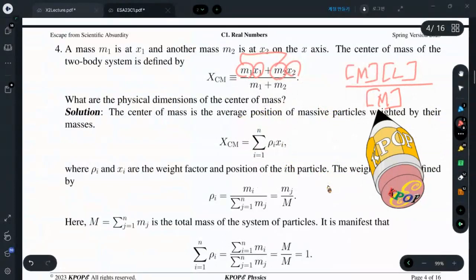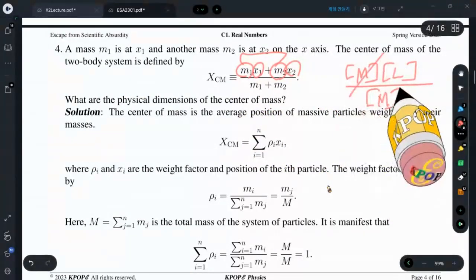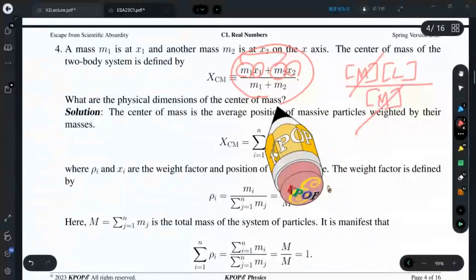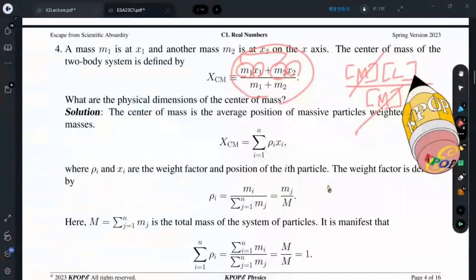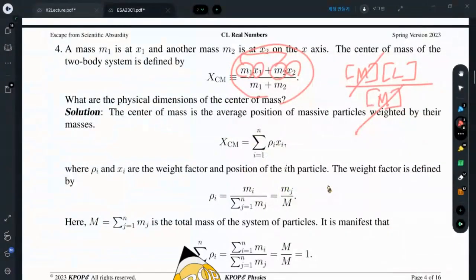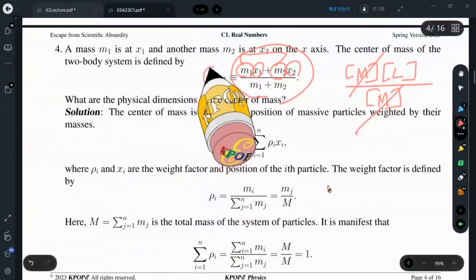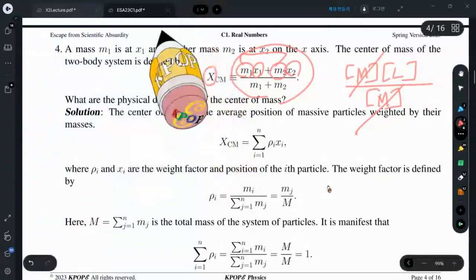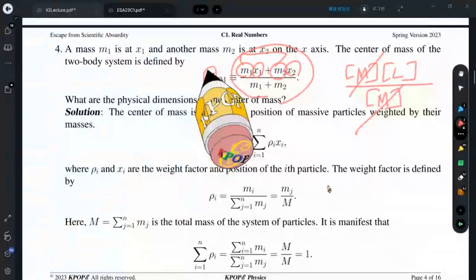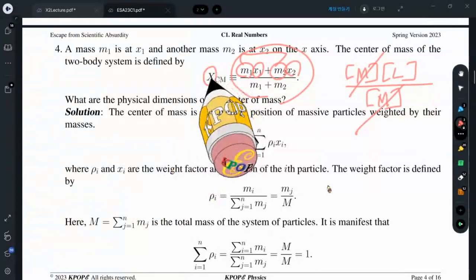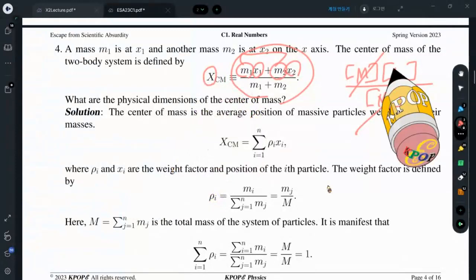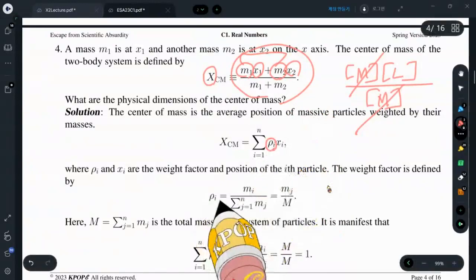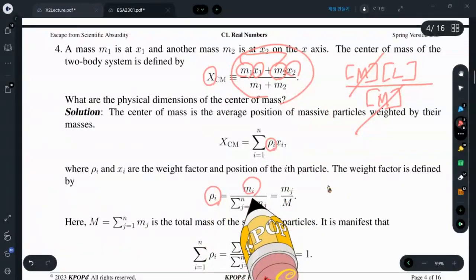So as far as the dimensions are concerned, the two masses cancel exactly, and your final result has the dimensions of length. That's the reason why I use the capital letter. The capital letter represents the total two-body system, but I still use x, which means it is related to the length scale. As I already told you, this rho is a weight of each particle.